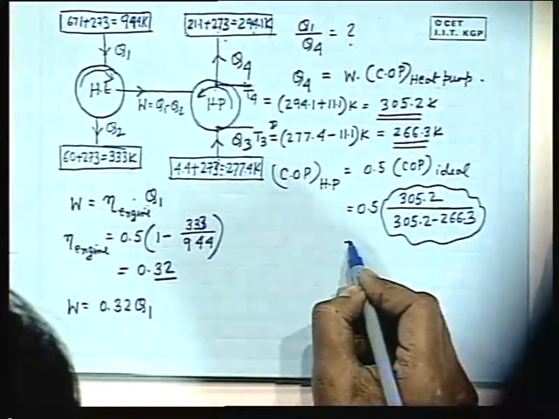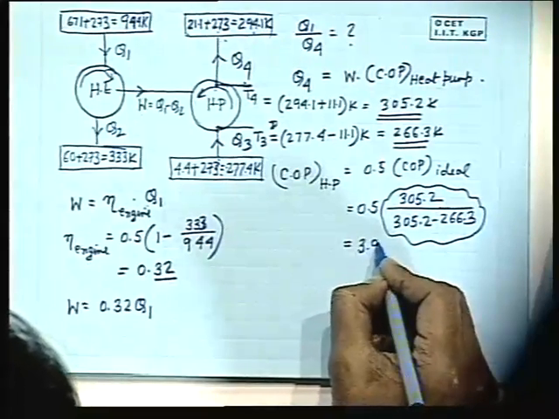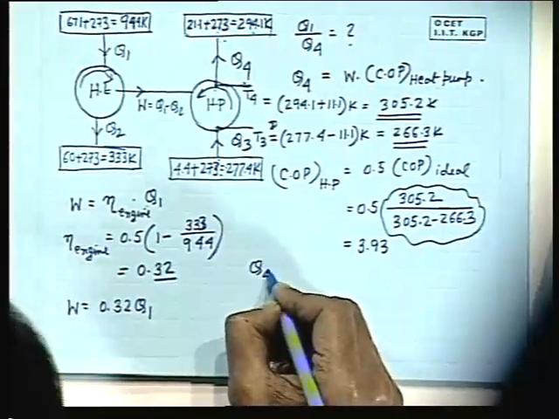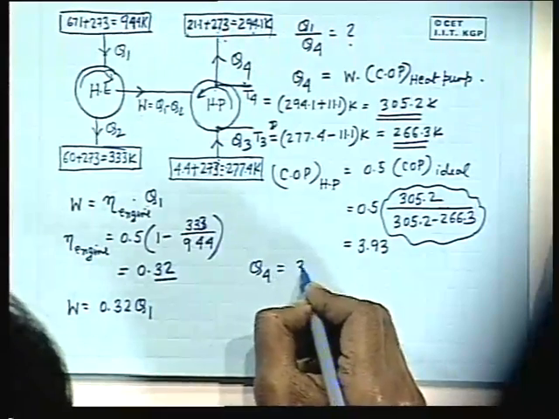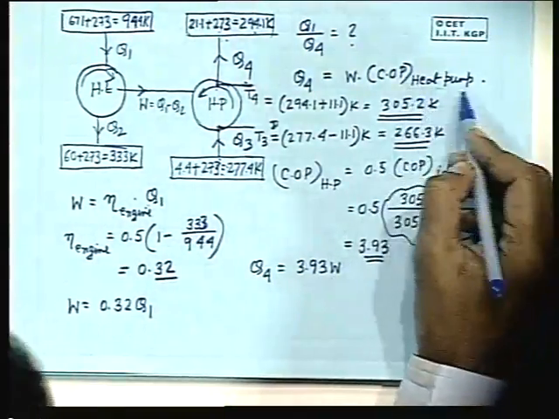So this comes out to be COP 3.93. Then the problem becomes extremely simple. Then Q4 is 3.93 W, because this is the COP of the heat pump.